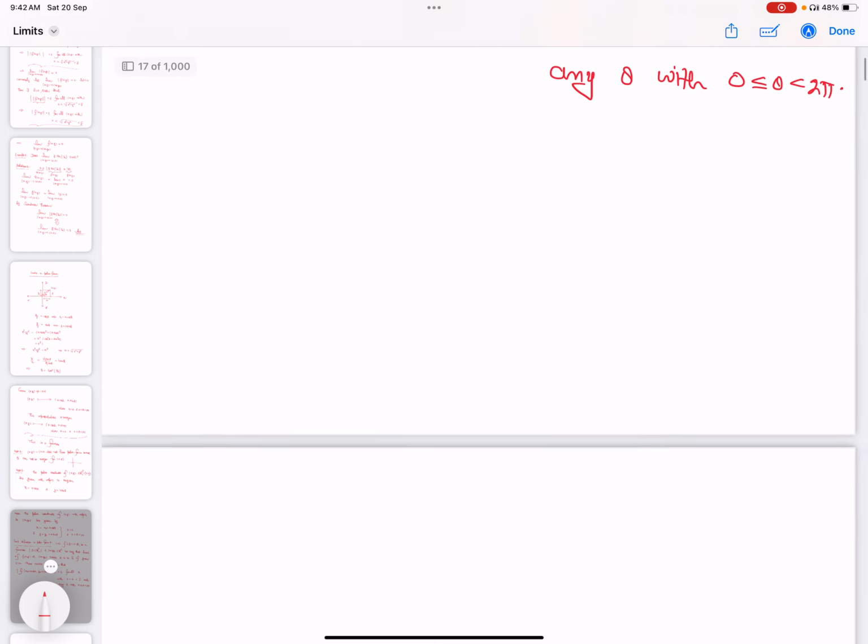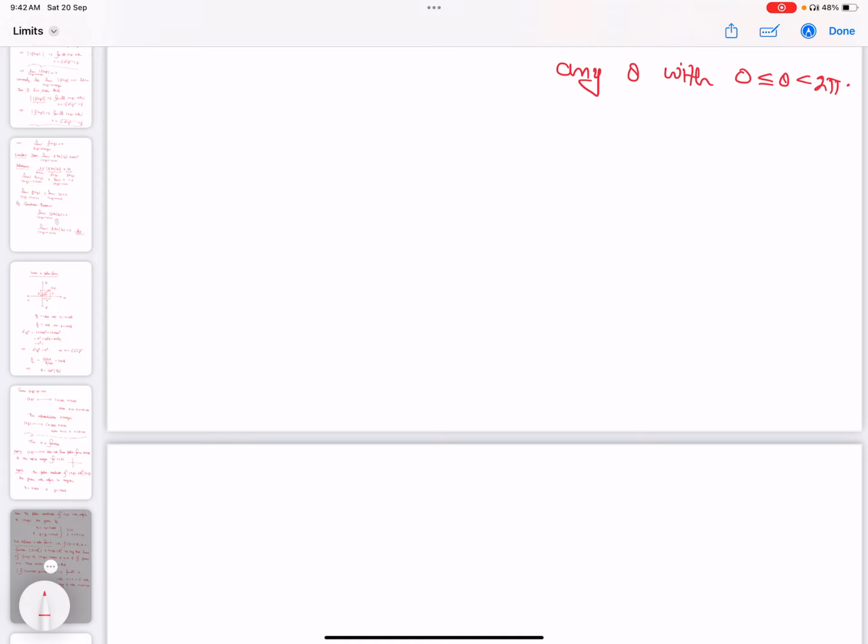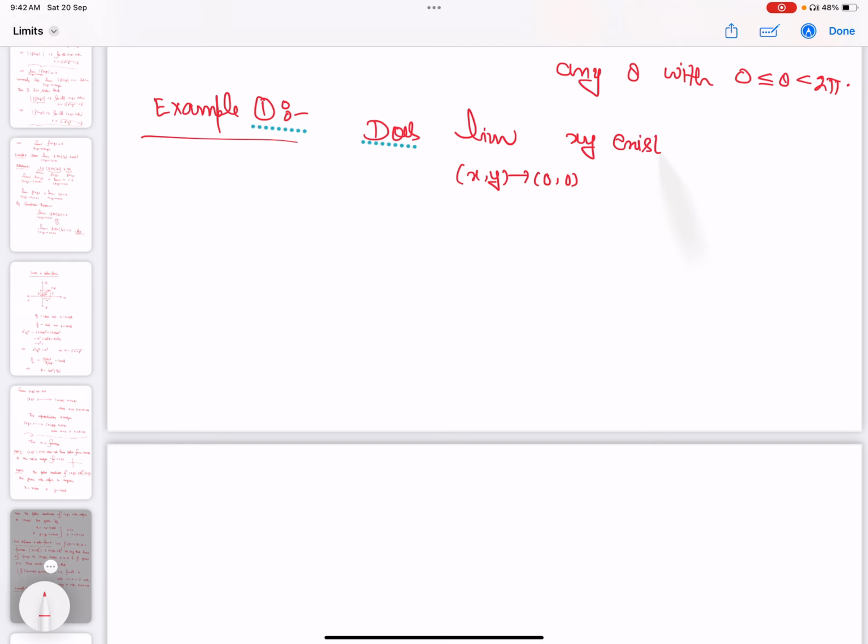So let's see how we will apply this. Example 1: does the limit of xy as (x, y) tends to (0, 0) exist? Solution. We guess that the limit will be 0, so L will be 0.